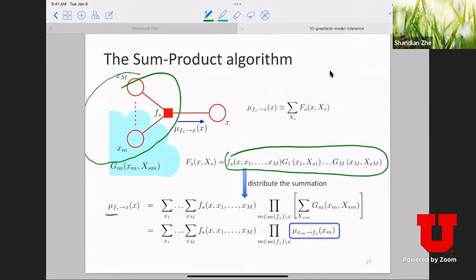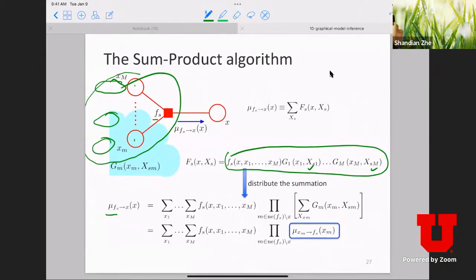But we know that this product can be further decomposed as the factor f of s itself, and also the product inside each subtree rooted by the children of f of s. Because these X S1 to X Sm are not overlapping, when you marginalize them out, you can do them simultaneously.